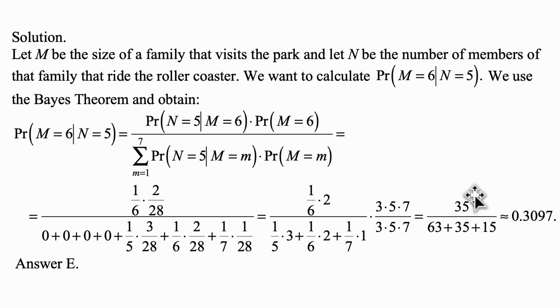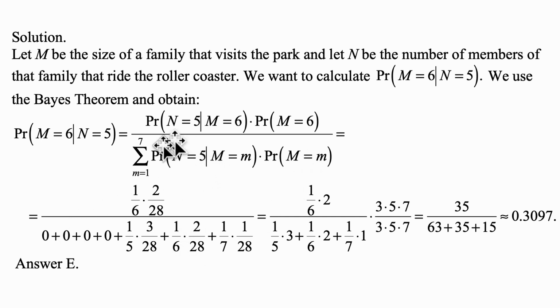So it's a sum from m equal 1 to 7 of the probability that n is 5 given that M is m times the probability that M is m. Again, this expression is exactly the same thing as the numerator, but we add up the sum over all possible values of m here. And we plug it in, and what we get is 1/6 times 2 over 28. That's straight from what is given in the problem.